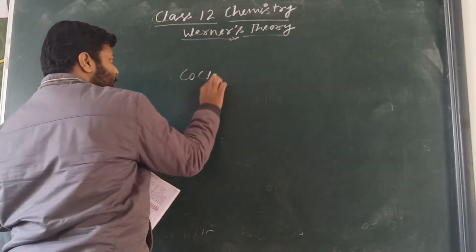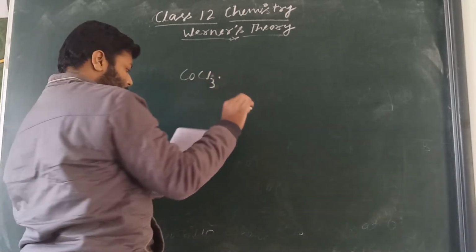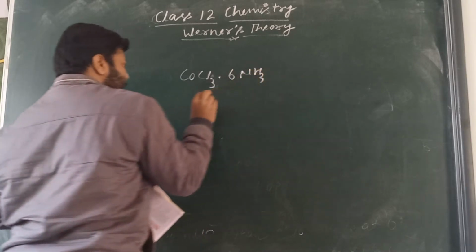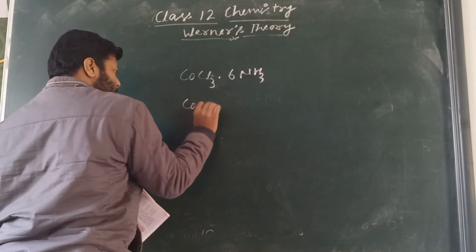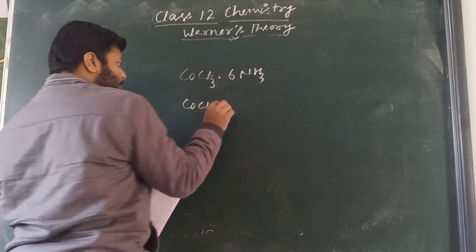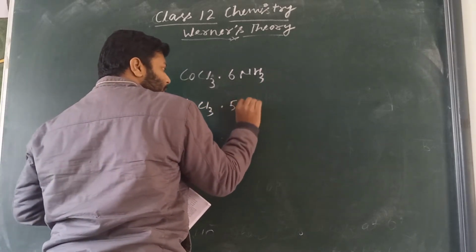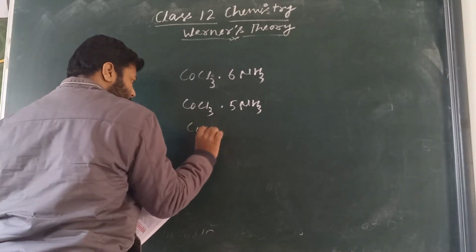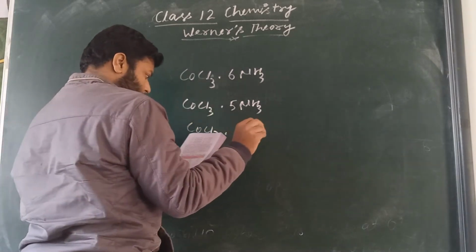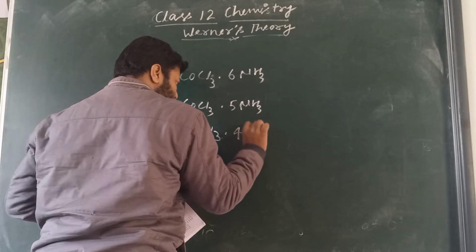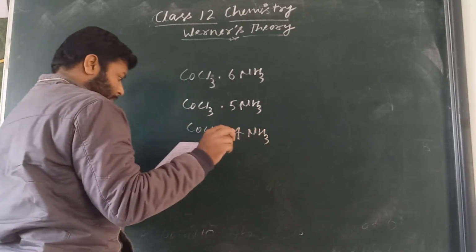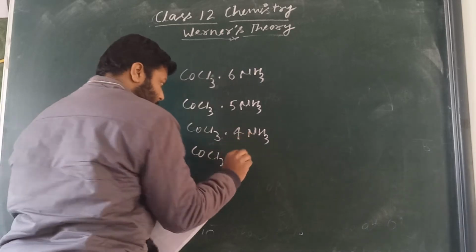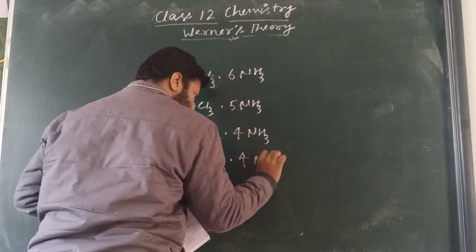Cobalt chloride: CoCl3·6NH3, CoCl3·5NH3, CoCl3·4NH3 and CoCl3·4NH3.